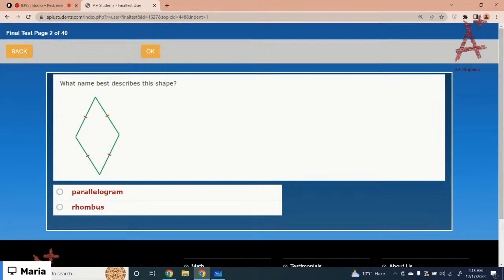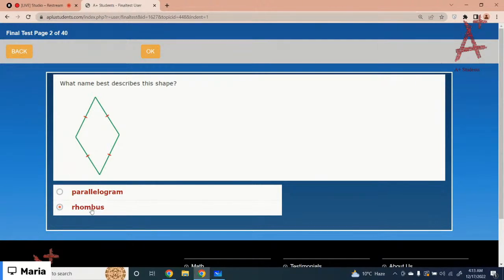Okay, what name best describes the shape? Is it parallelogram or rhombus? Which shape is it? It has all four sides equal in length, got it? It is a rhombus. Just select the correct option.